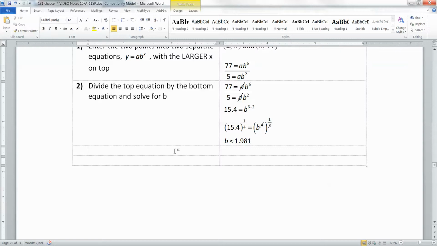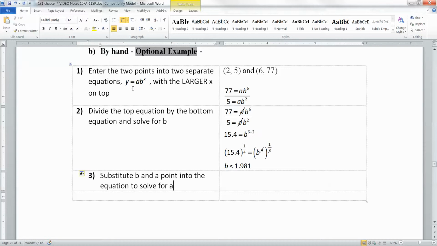All right, then you substitute b and a point into the equation to solve for a. That's your next move. And again, the equation would be this y equals a times b to the x thing. That's not too bad.